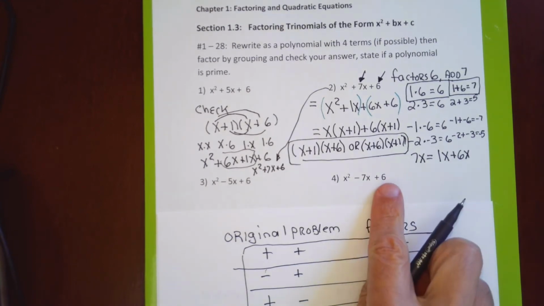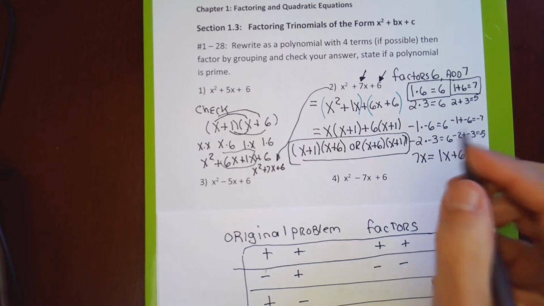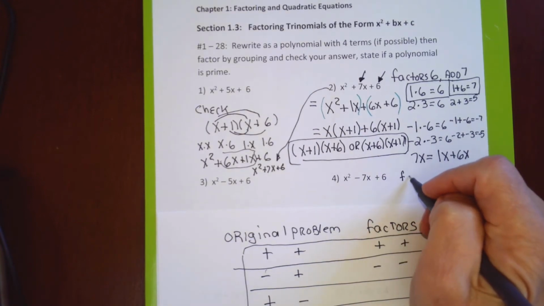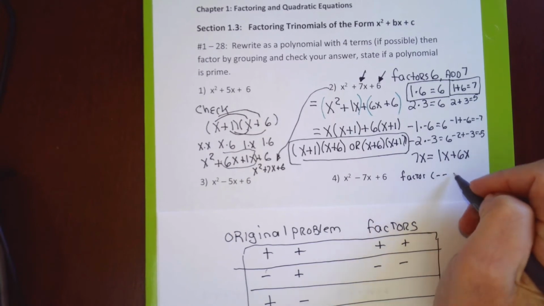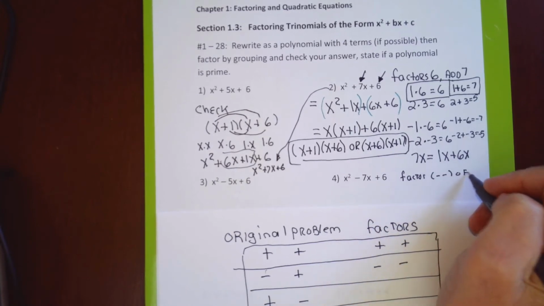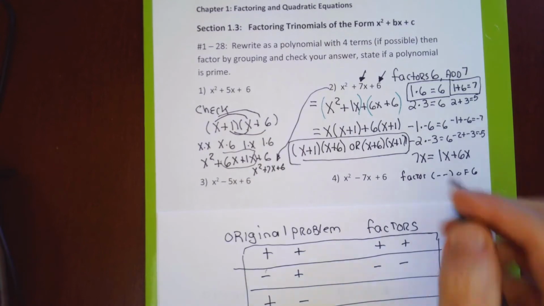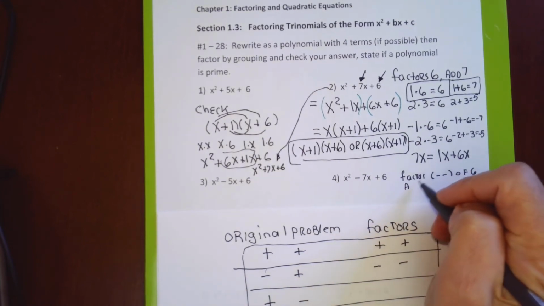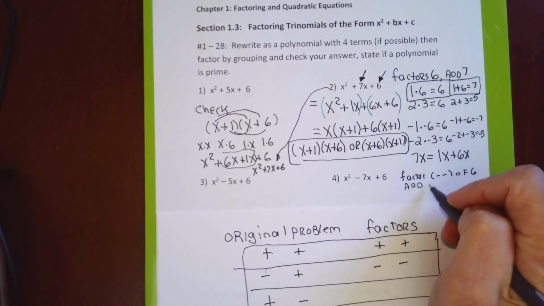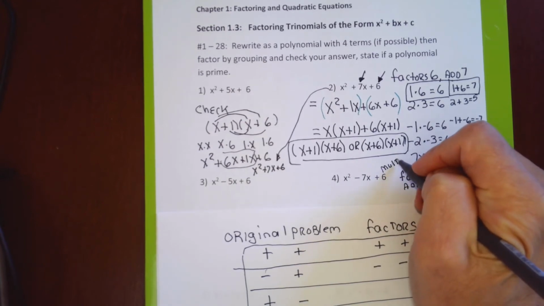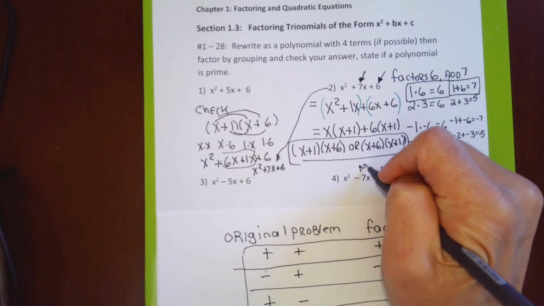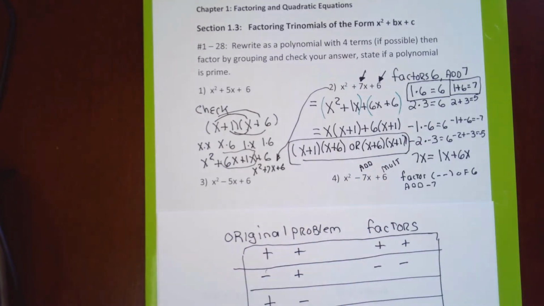So in problem 4, when I go to work on it, I'm going to try to find the numbers that multiply to 6. It's actually going to be the double negative factors of 6, so numbers that multiply to positive 6 and add to negative 7. I'm always trying to multiply to the last number and add to the middle number.